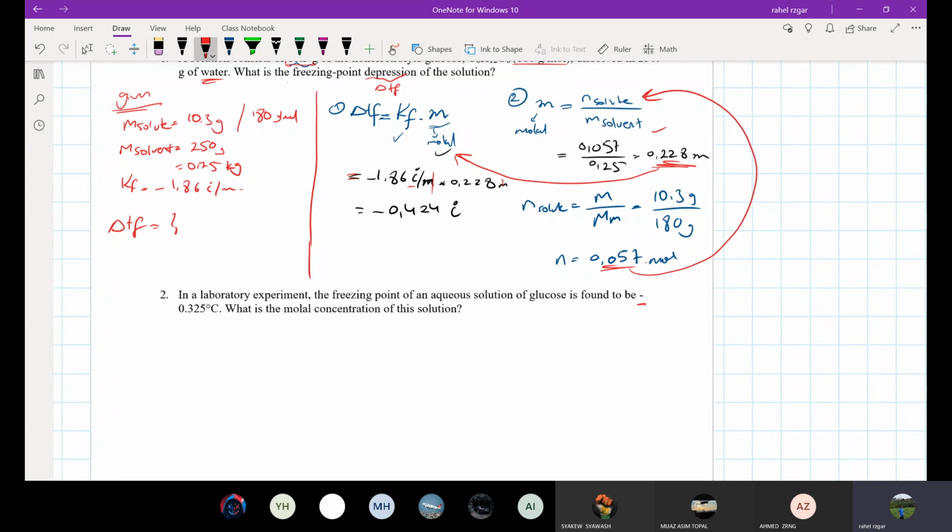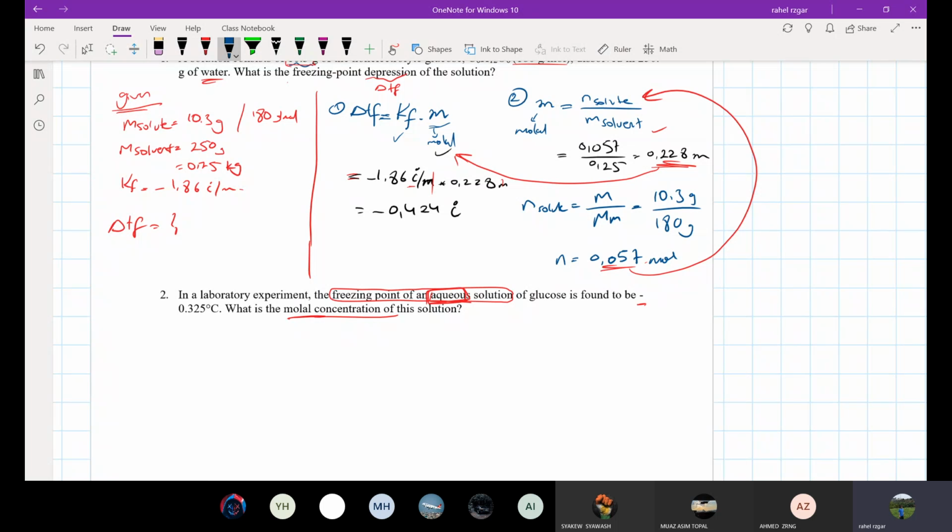All right. So let's see what is required. It says find molality, molar concentration. Even though the freezing point of the solution is given, for water, it says aqueous.